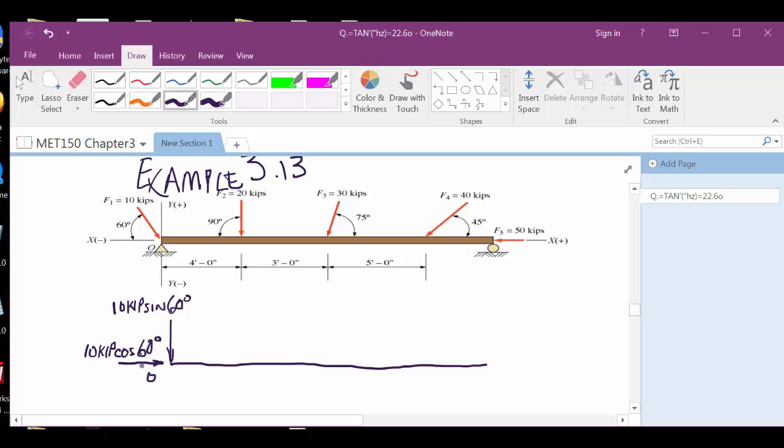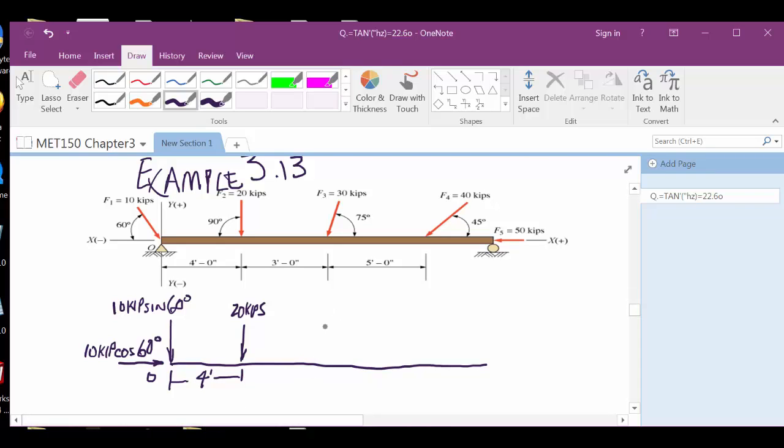So all we did was break it out. Okay? Well, then you've got this one right here. That's 20 kips. And of course you've got your 4 feet there. So I'm going to put my distances down here. 4 feet.